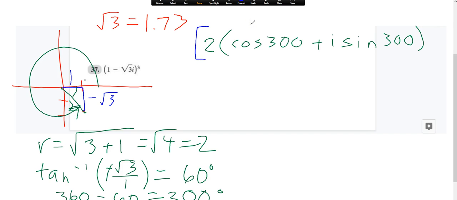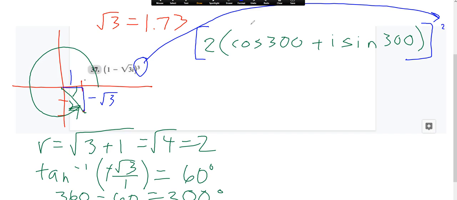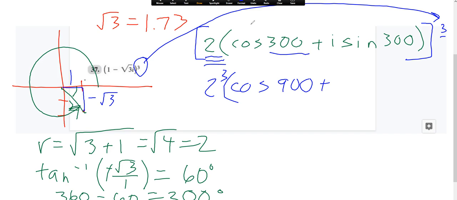And what power are we raising this whole thing to? The third power. And so what happens to the radius? That's right. Pop it up to the third, like a collar. And then what are we doing with the 3 and the 300? Multiply. So it'd be cosine 900. Man, it's a roasting angle, man.